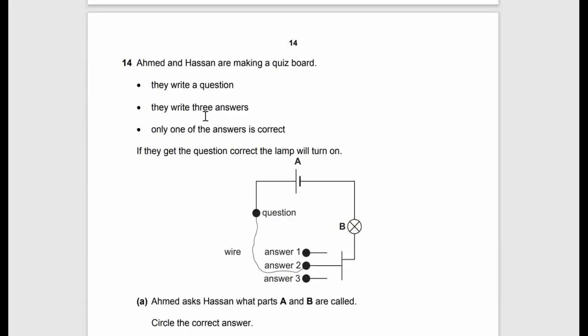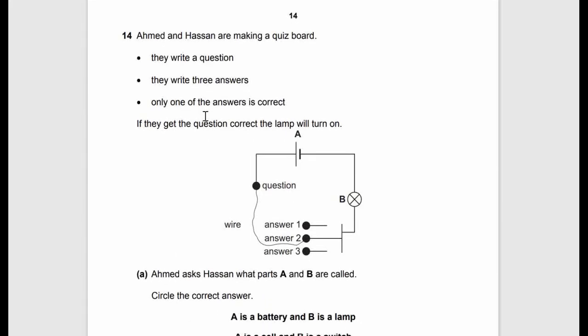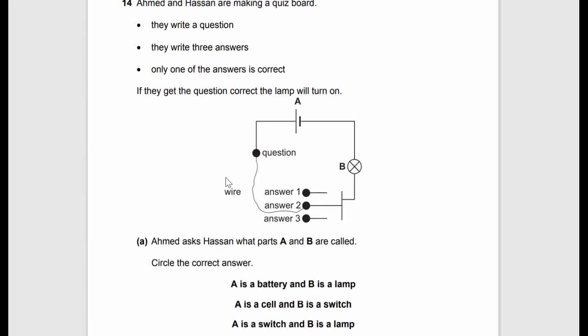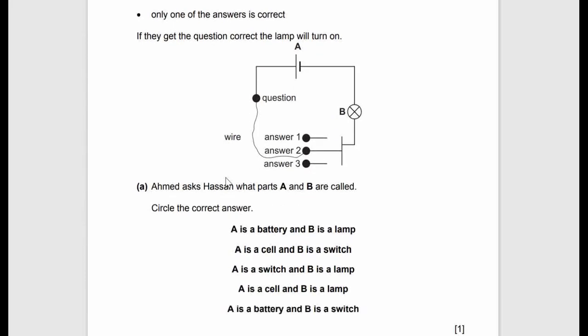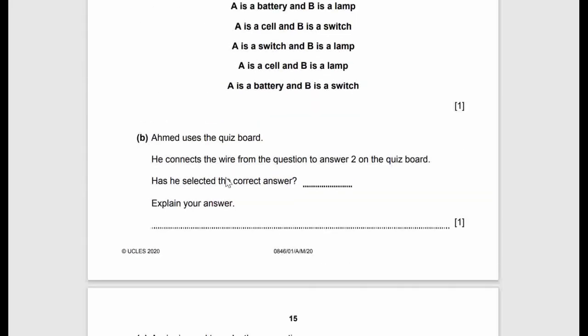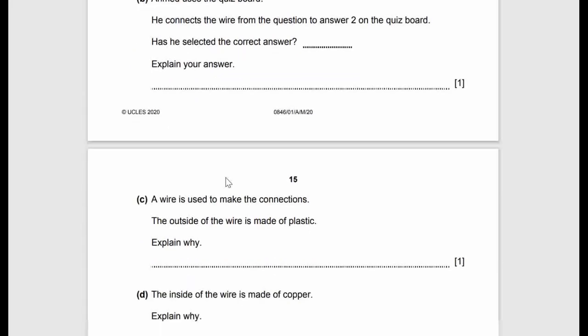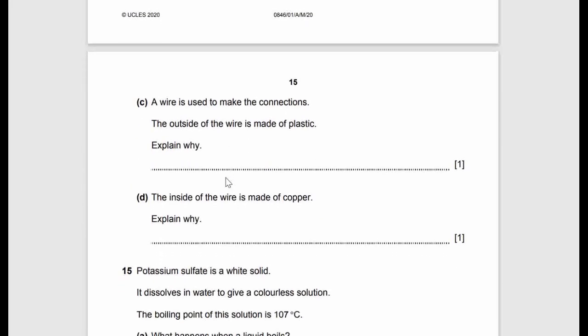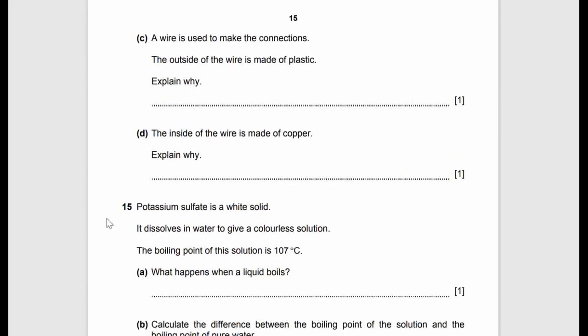Then let's go to number 14. This is question 14A, and this is question 14B, and also 14C and D. And we go to number 15.